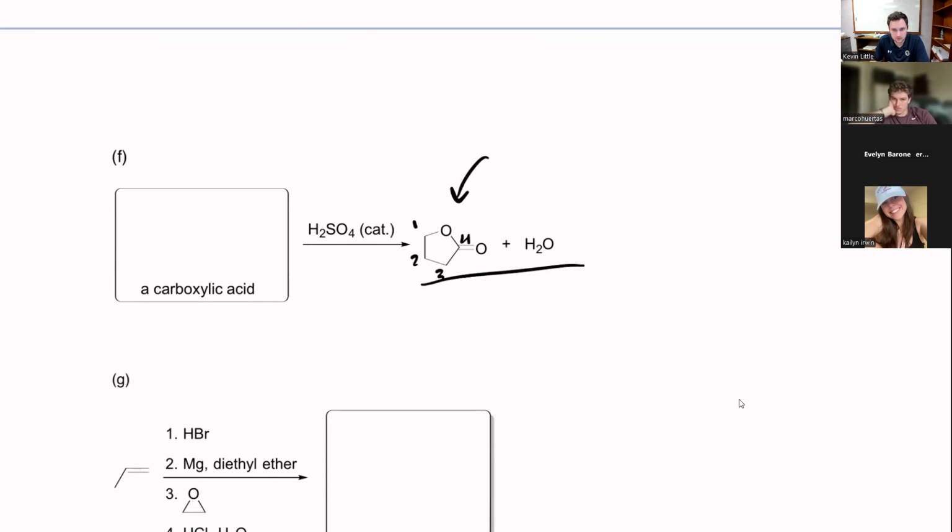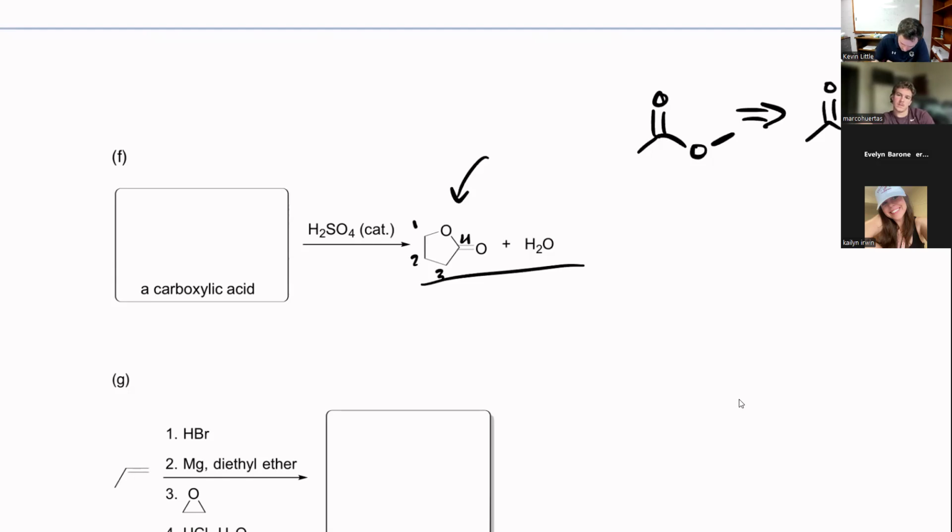What's the functional group called? Is that an ester? An ester, right? How do I form an ester? Adding an OH into a carbonyl. Not just any carbonyl, but a carboxylic acid.